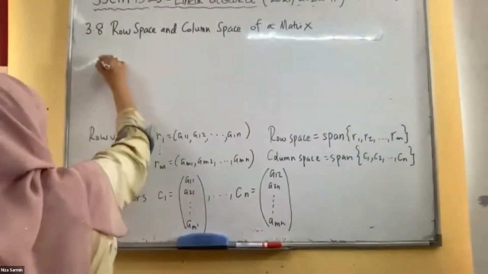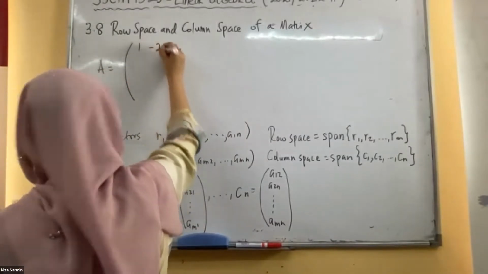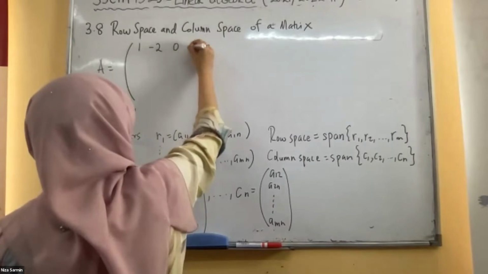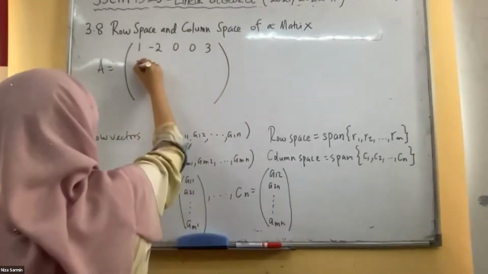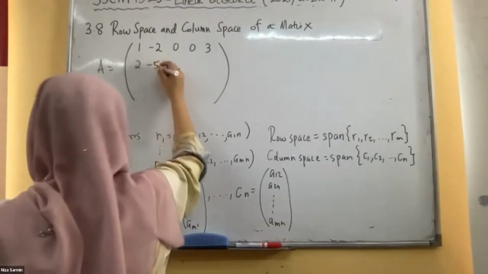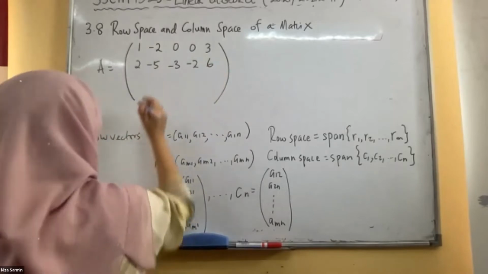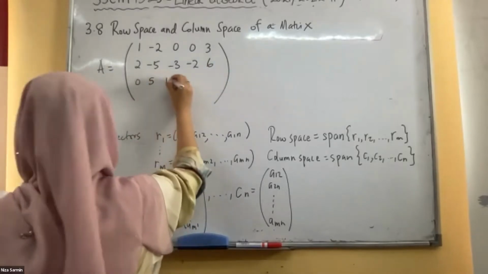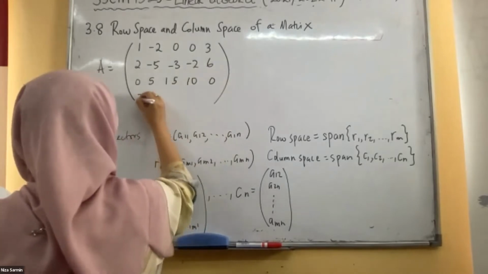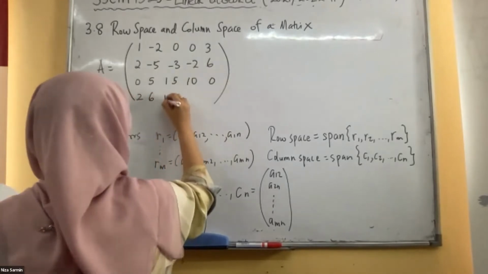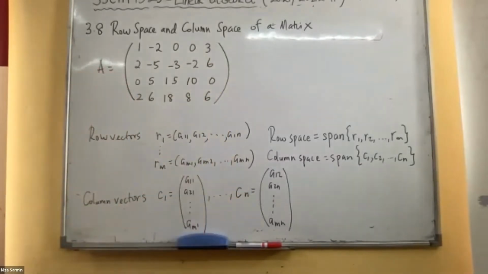This is the matrix: 1, -2, 0, 0, 3, 2, -5, -3, -2, 6, 0, 5, 15, 10, 0, 2, 6, 18, 8, 6.